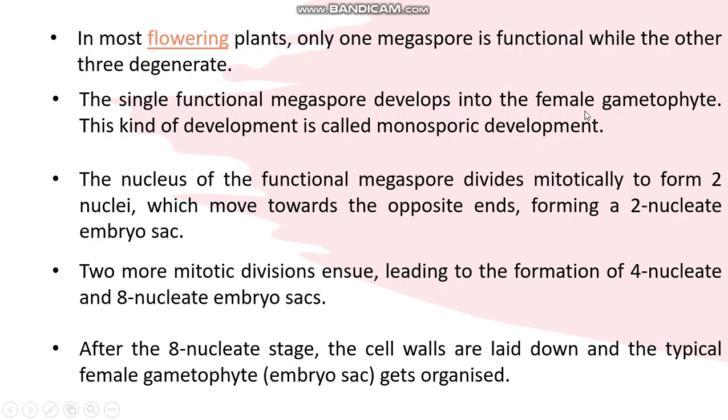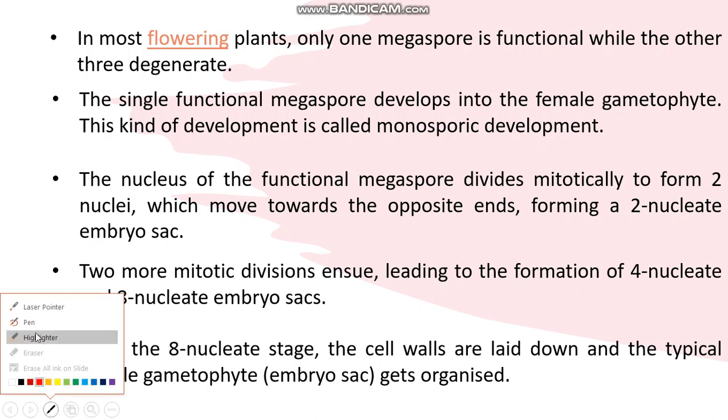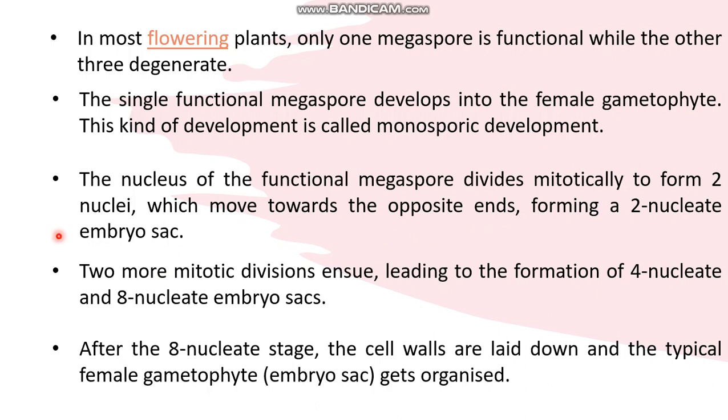Now, since from one megaspore, one embryo sac or female gametophyte is formed, this type of development is known as monosporic development. The nucleus of the functional megaspore divides by mitosis and results in the formation of two nuclei.